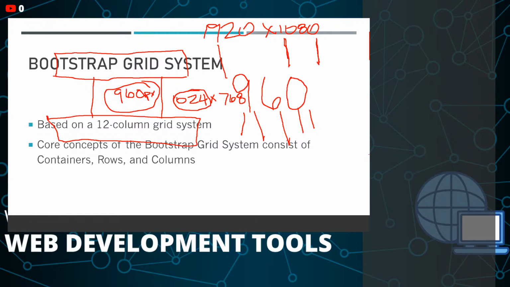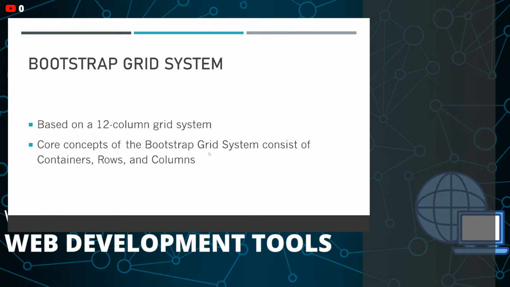And so we adopted new standards for responsiveness. So we still have this 12-column grid system based on the 960-pixel grid system that was adopted back in the early 2000s, which is interesting. But the core concept of our Bootstrap grid system revolves around the idea of containers, rows, and columns. So we have one container that's going to contain every single thing, right?